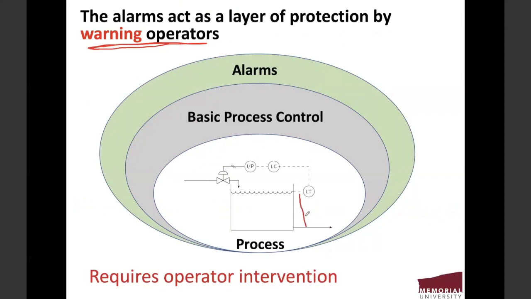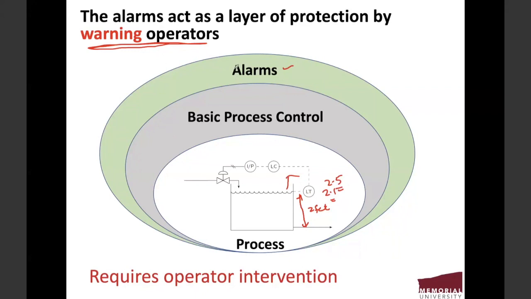For example, this level, which we set at a height of 2 feet, is at 2.1 or 2.5, which is dangerous now because the water can overflow from our system. That's where the alarms will go off and warn the operator that we need operator intervention.